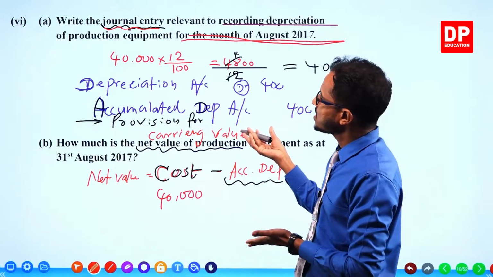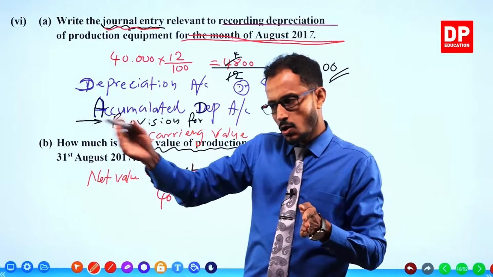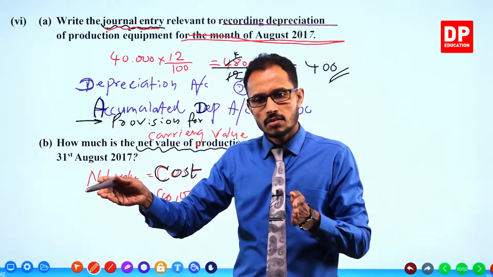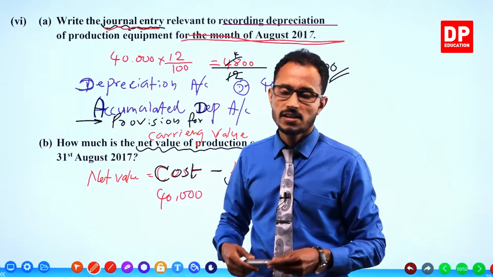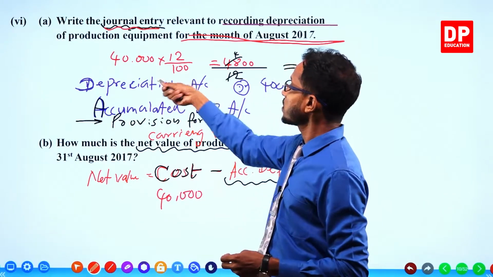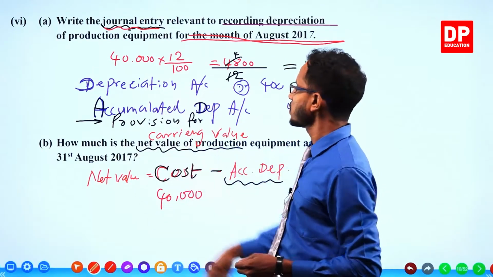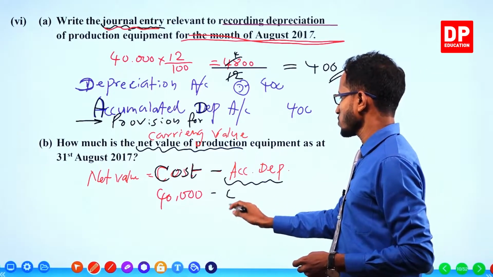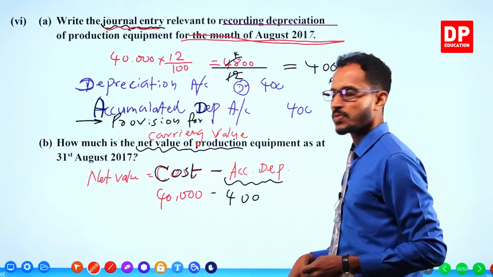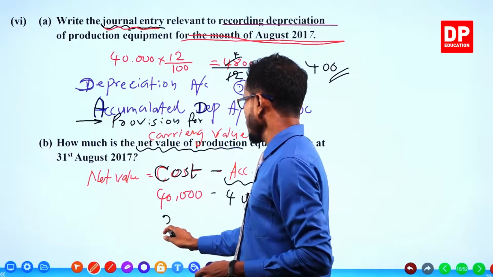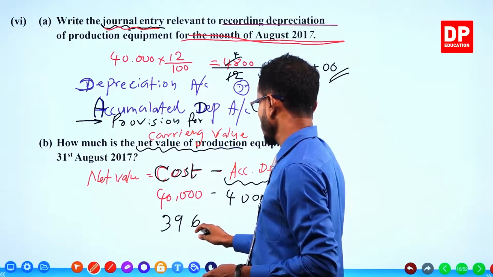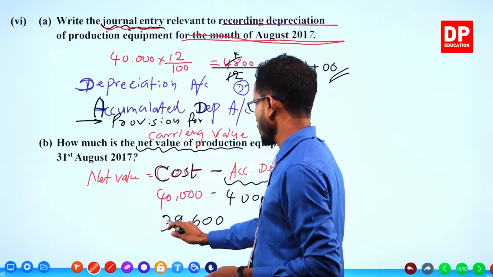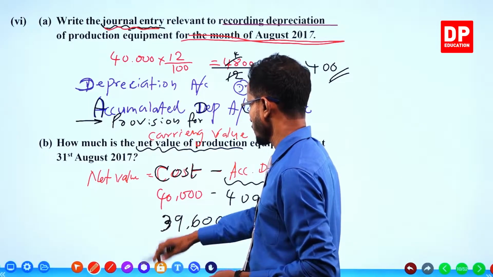But in this case, not a long period of time is given. It's only for 1 month. So we have only 400. 40,000 minus 400. Answer is 39,600.